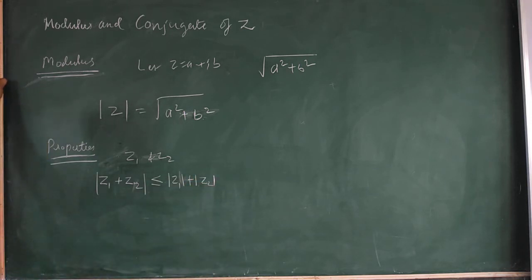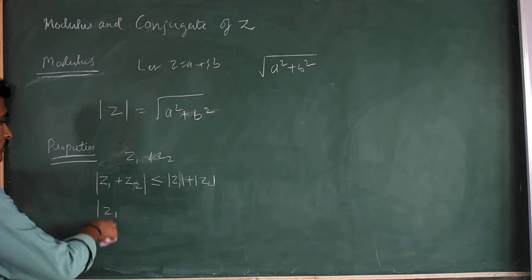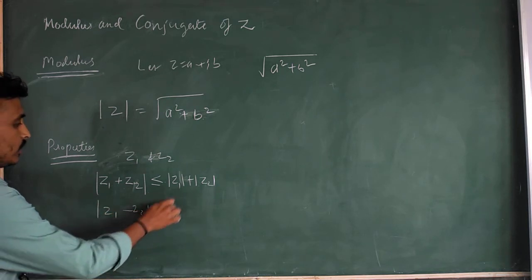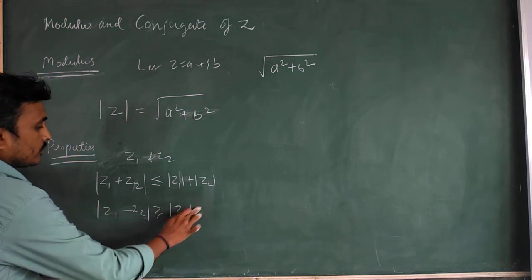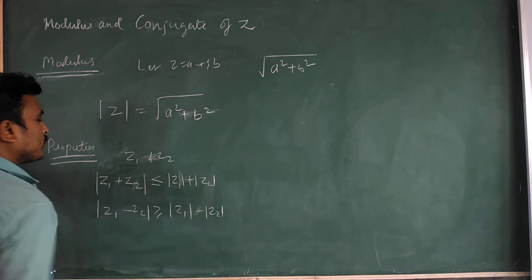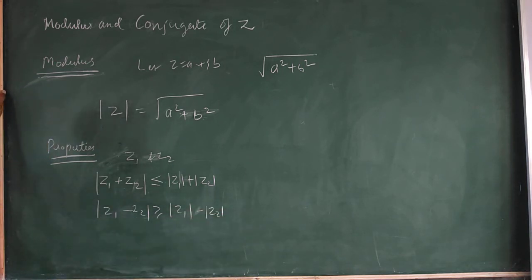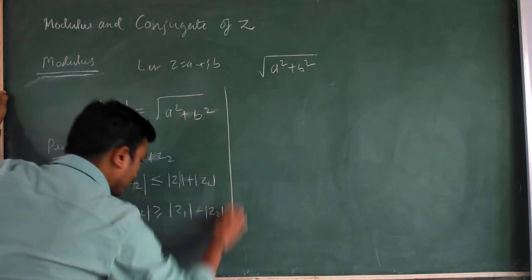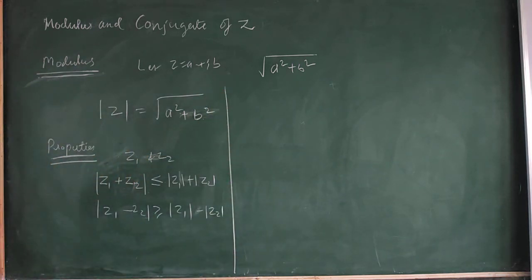This is a triangular inequality. And again, modulus of z1 minus z2 is greater than or equal to modulus of z1 minus modulus of z2. This is also a triangular inequality.